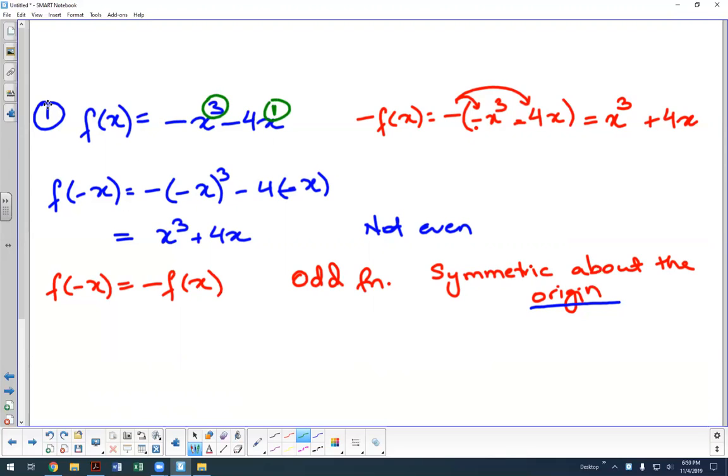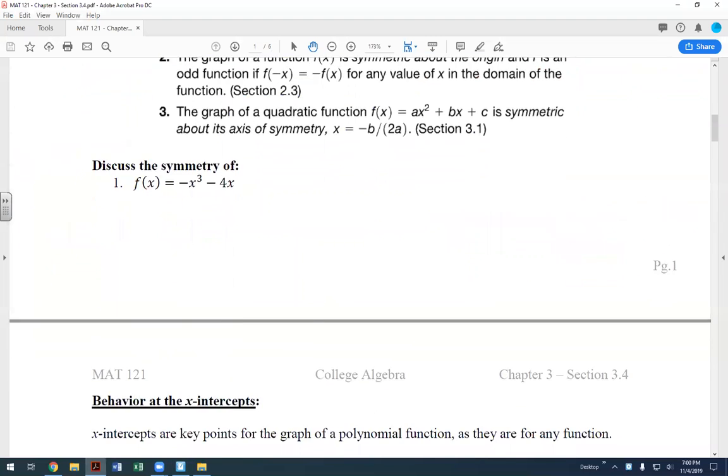Both 3 and 1 are odd numbers, which also tells us that it's an odd function, which means, again, it has symmetry about the origin, which I think is the easiest way to do it. But just looking at your exam results, we're a little confused about that. So just make sure you are practicing with these to be confident about whether you have an even or an odd function. All right, very good.